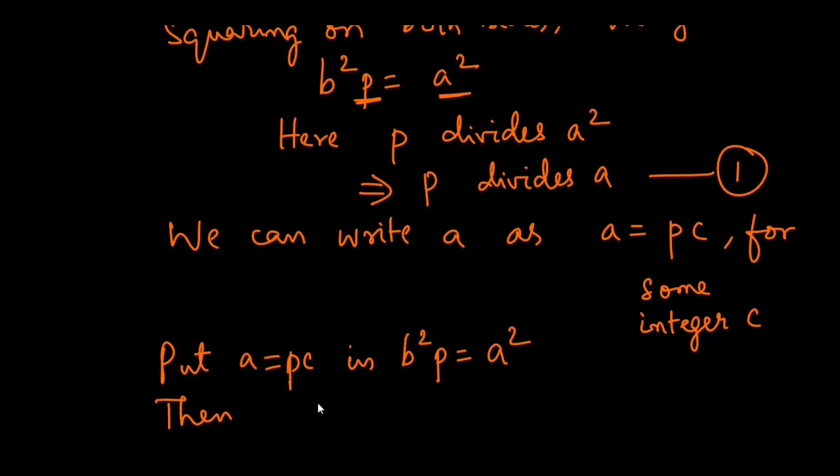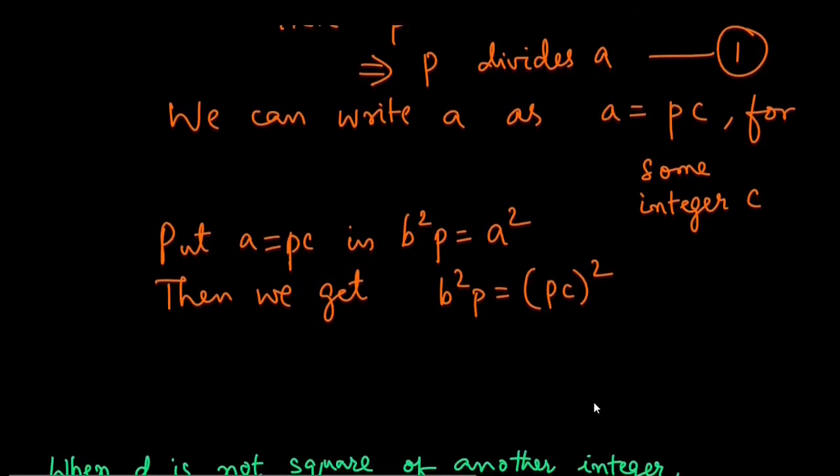Then we get b square p is equal to pc whole square. This becomes b square p is equal to p square c square. This is b square is equal to p c square.